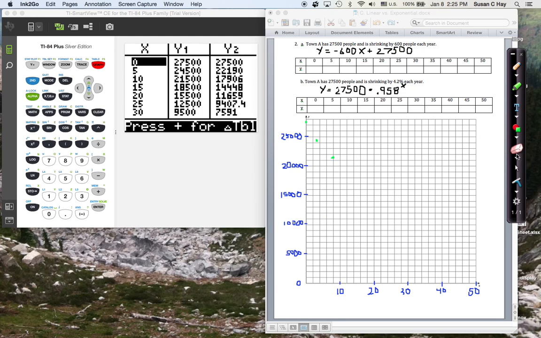Oh yeah, see, I made a boo-boo here. You always check. The biggest mistake to make is to go off on your plot. And you can see, because it's supposed to be linear, that I made a mistake because the points were not lined up. Okay, now those are falling on a line. So at 15 years, it's 18,500 and so on.